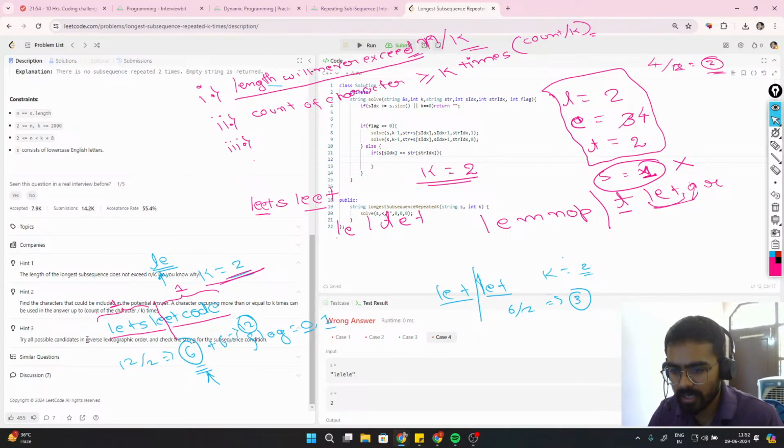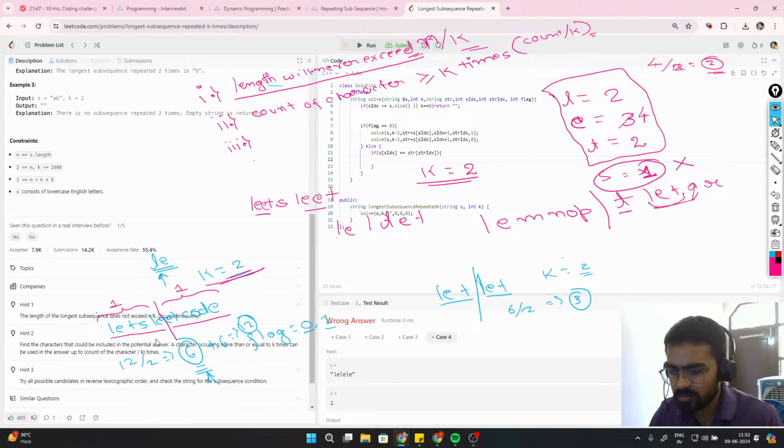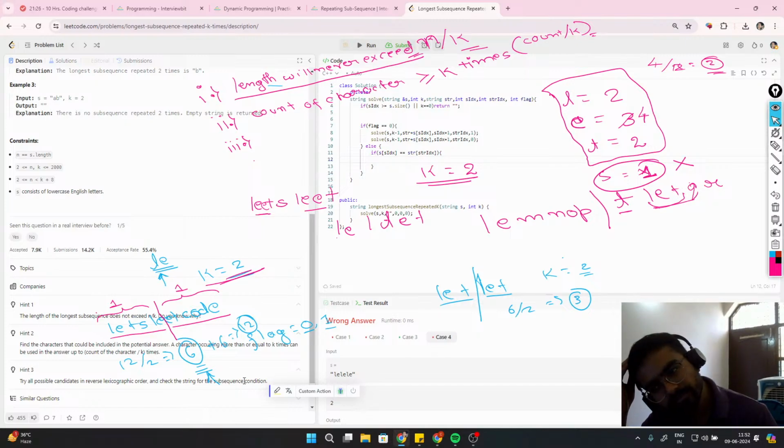Try all possible candidates in reverse lexicographical order and check the string for the subsequence condition.